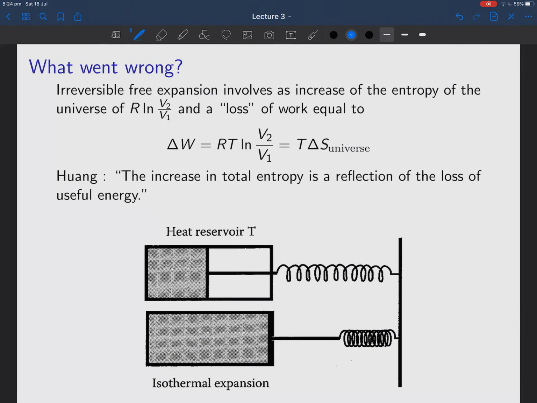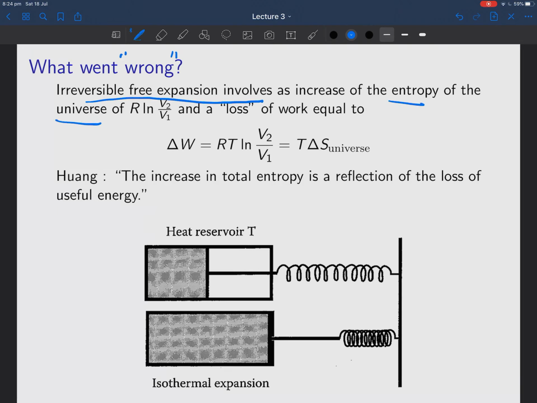So what went wrong here? Probably "wrong" is in inverted commas. In one case we've got an entropy change of the universe which is positive. In the other case we have an entropy change of the universe which is 0. So what happens here?